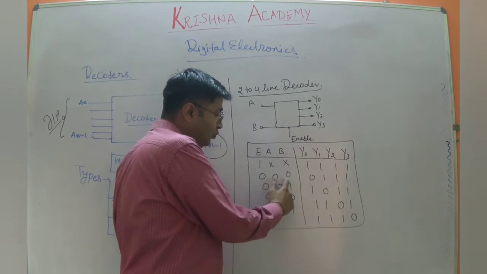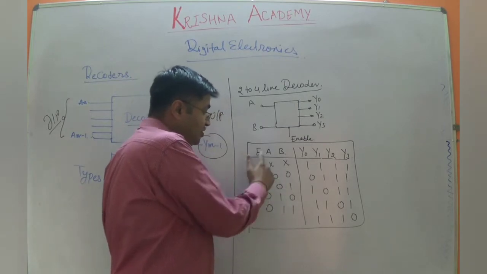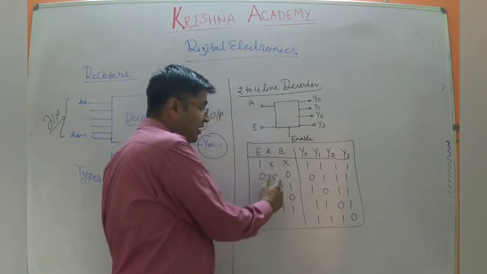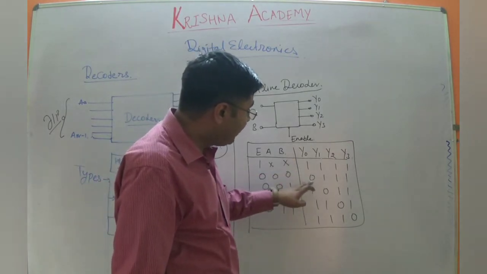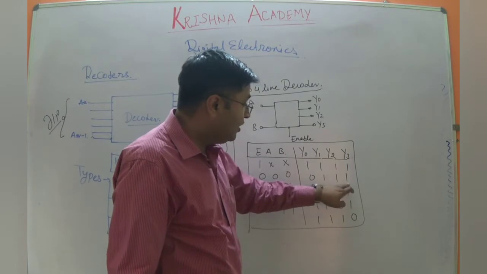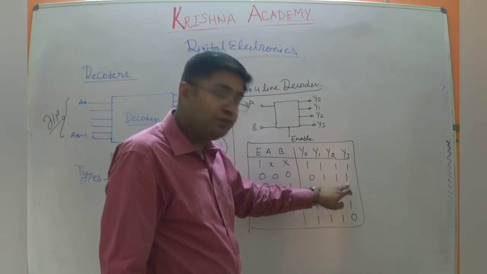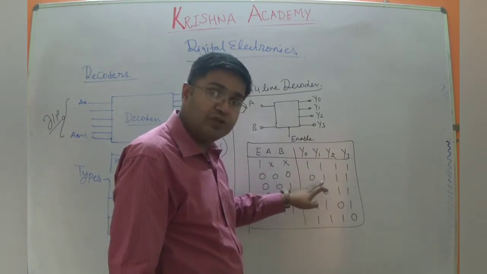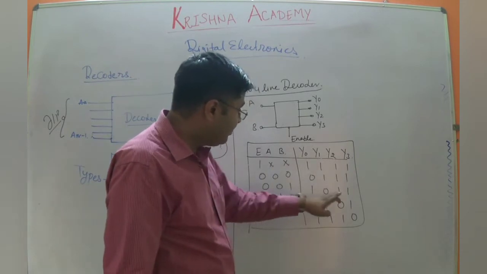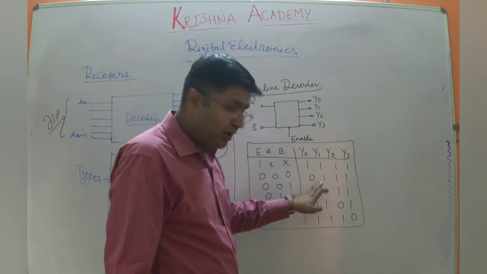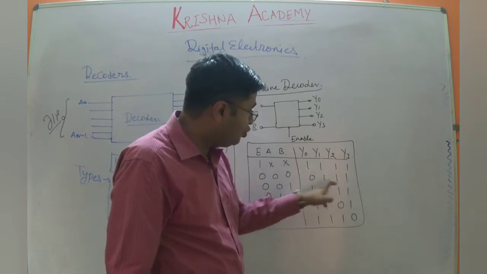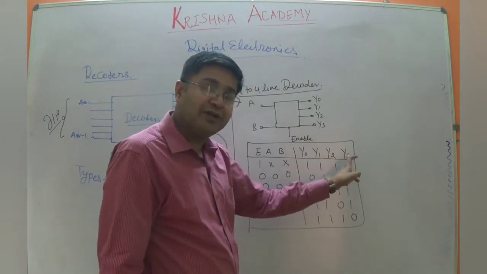Now when E is 0 and A and B are both 0, the output Y0 is 0, otherwise all the other outputs are high. So the information has been transferred there. Again the same thing happens: there is no information on Y0, and the information is provided to the other output lines.